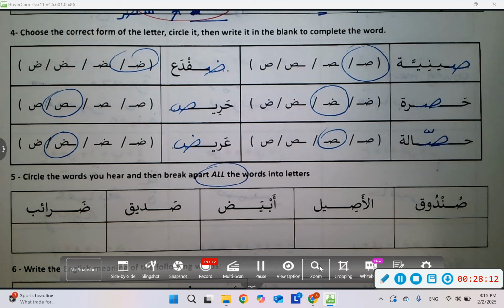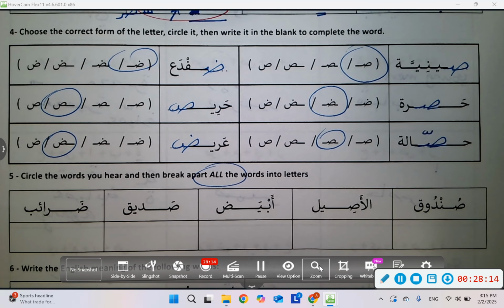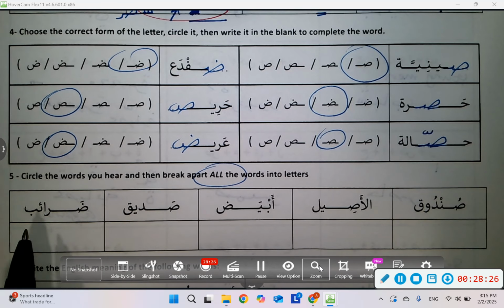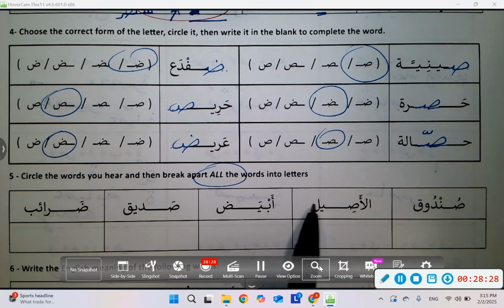A lot of students forget that. So let's first do the listening. So I'm going to tell you, circle أصيل. الأصيل. Now, I may choose any word. So I'm going to read them all, and you get to listen to them all. And during the test, I'm going to choose the one that I want you to circle. I'm not going to tell you from now.